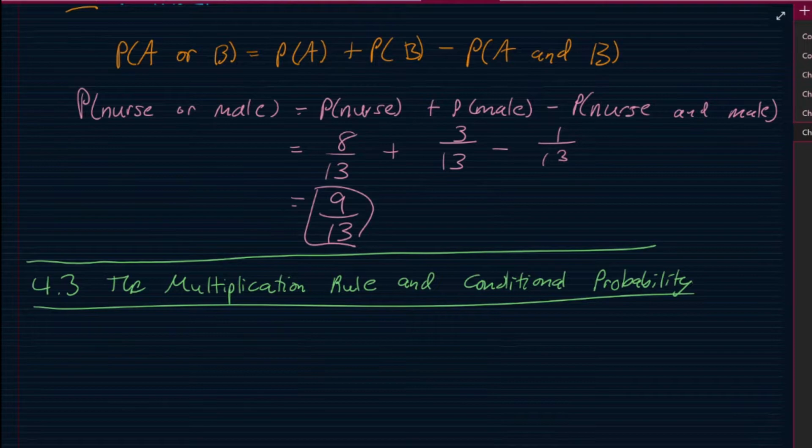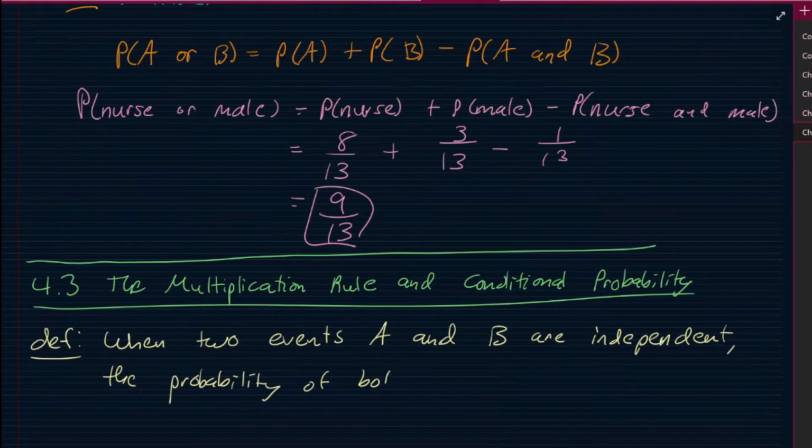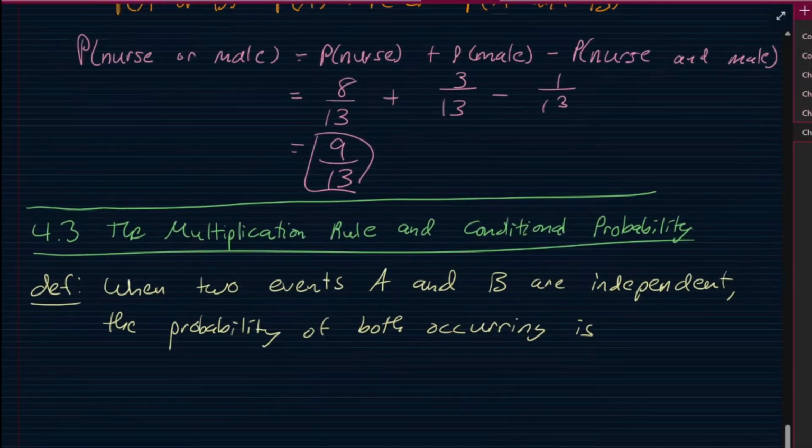So the multiplication rule says that when 2 events A and B are independent, the probability of both occurring is, and so this is essentially telling us how to do probability of A and B.